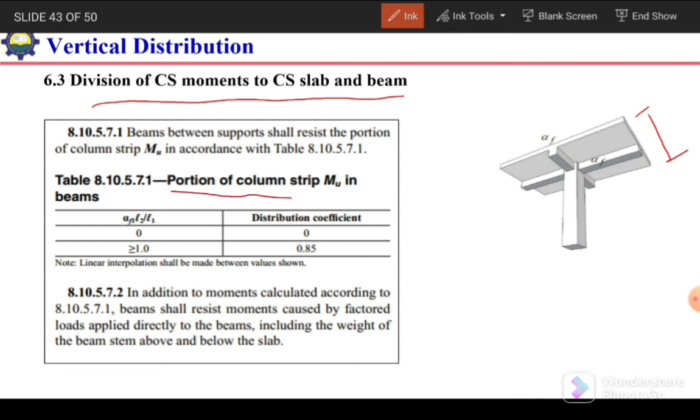So the portion of column strip Mu in the beam, how much will it be? It will be based on this factor. If there is no beam, there is zero contribution from the beam.